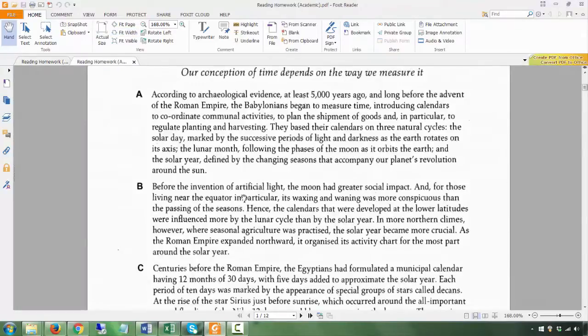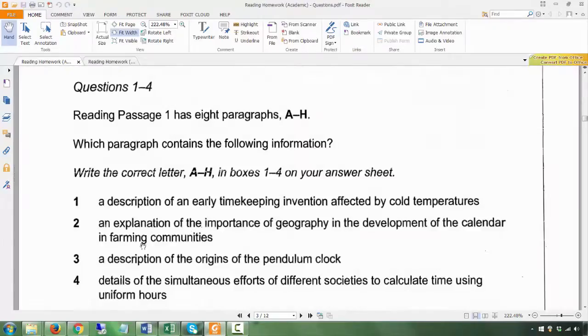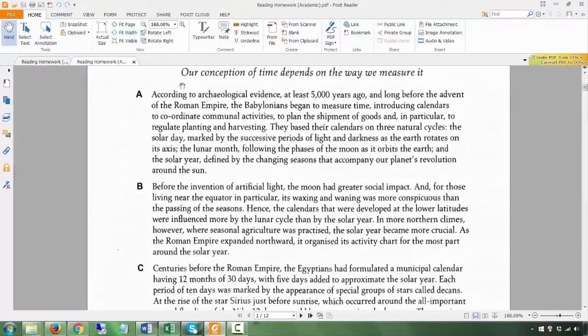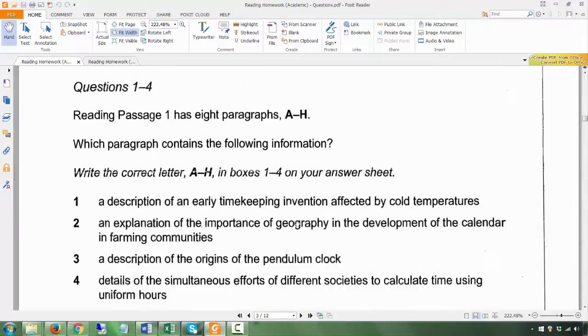If you talk about the equator, whether a place is near the equator, you talk about lower latitudes, these are all geographical terms. It talks about the earth, about the location, the physical features, etc. So if you understand that these are geographical terms, that they are referencing geography, then you understand that this is basically what the question is talking about, the importance of geography. That means geography affects this way of this calendar.